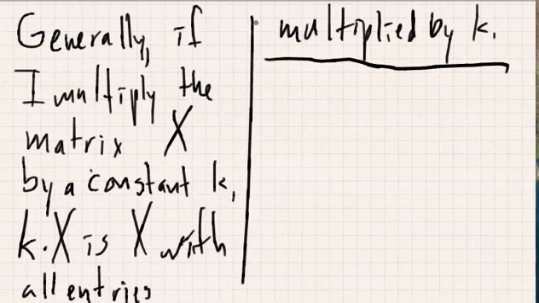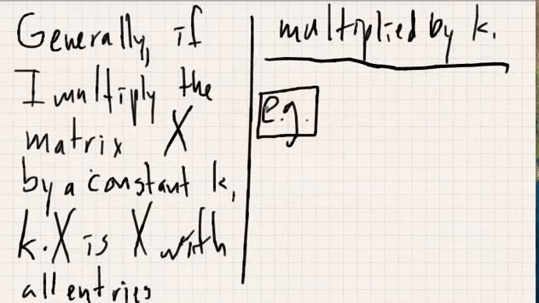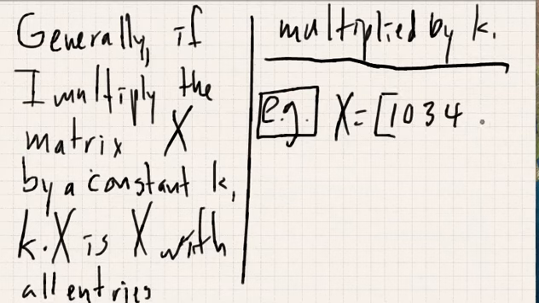Now we've actually already seen this before in the context of Gauss-Jordan elimination. Let's consider a row matrix. Let X be the row matrix 1, 0, 3, 4, -2. This looks like maybe the first row of a matrix that we're trying to reduce. And let K be -2.